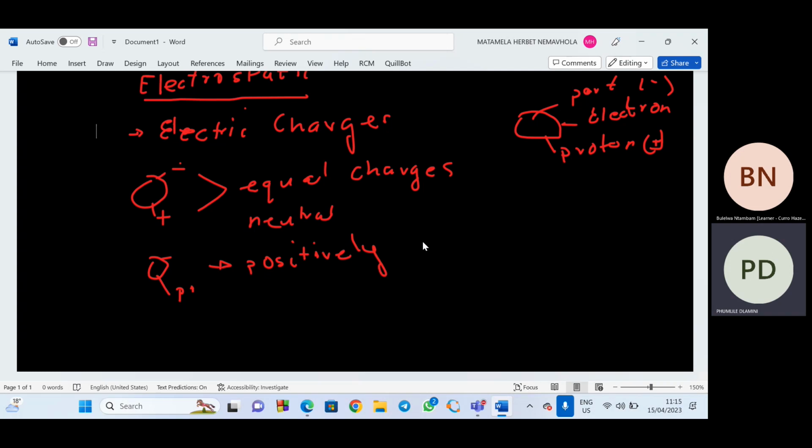Which means if it has more electrons than protons, we call it negatively charged.